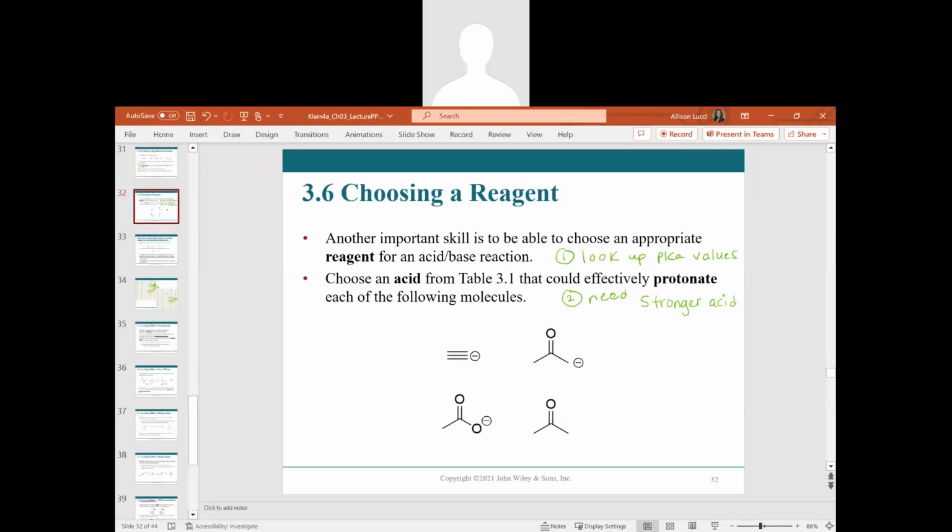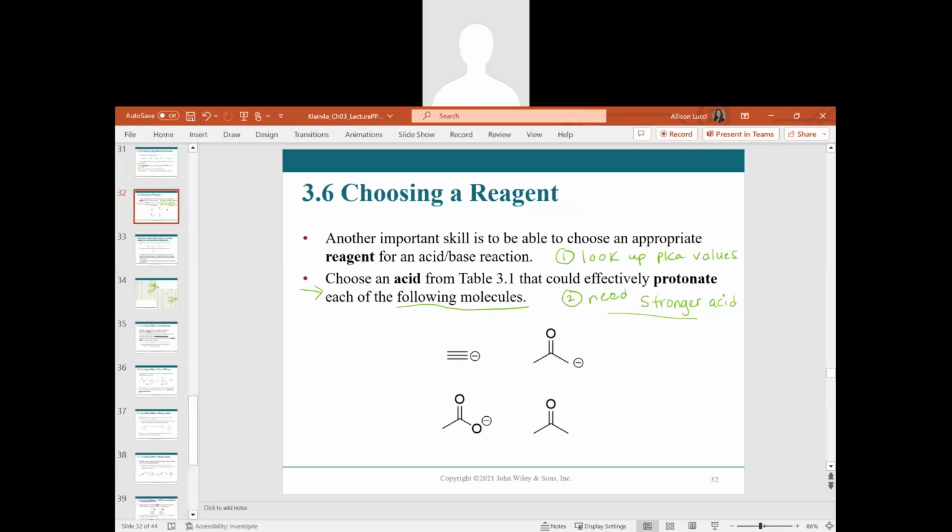In choosing reagents that will be able to react in the reaction that we're looking for, we might need to compare pKa values. For example, if we specifically wanted to choose an acid that could protonate these molecules below, we would look up pKa values and determine that we would need an acid that would be stronger than the conjugate bases shown here.